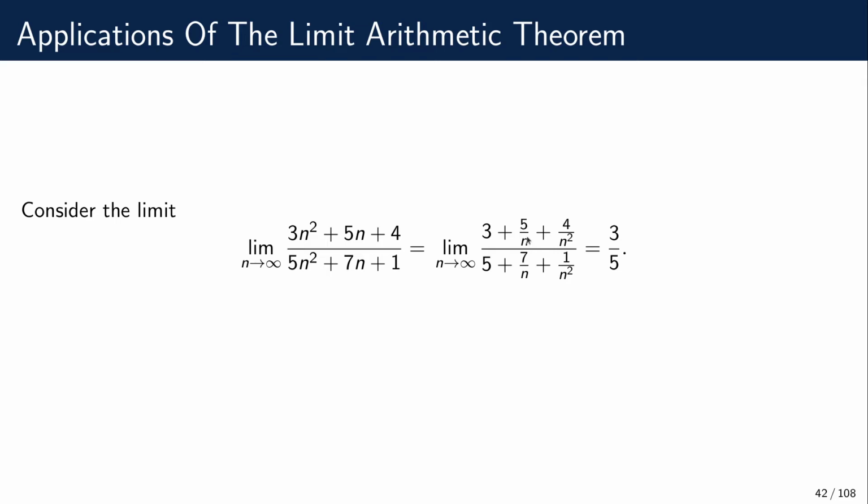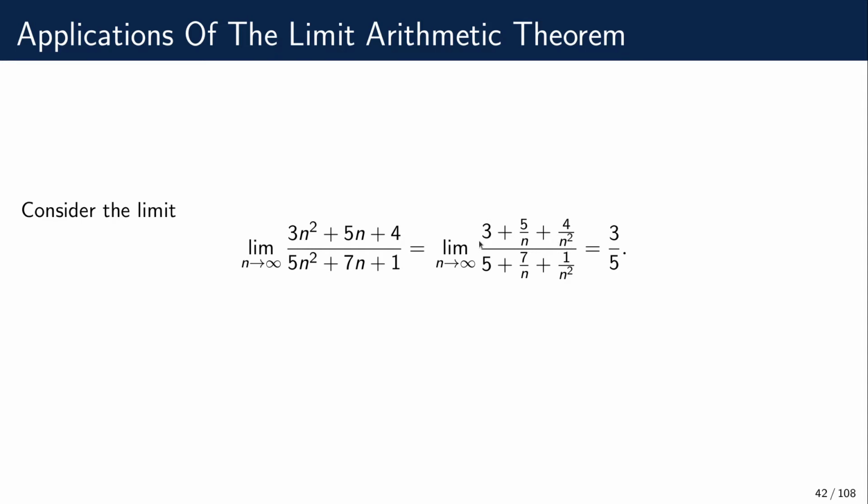Now, 1 over n was proved to converge to 0. And so 5 over n would converge to 0 as well, because this is a constant, and therefore the limit of 5 over n would be 5 times the limit of 1 over n, which is 0. Similarly here, the limit of 4 over n squared, by the same argument, is also going to be 0.